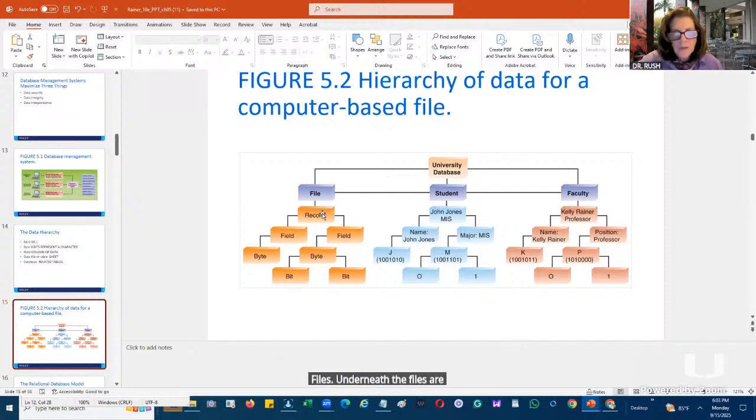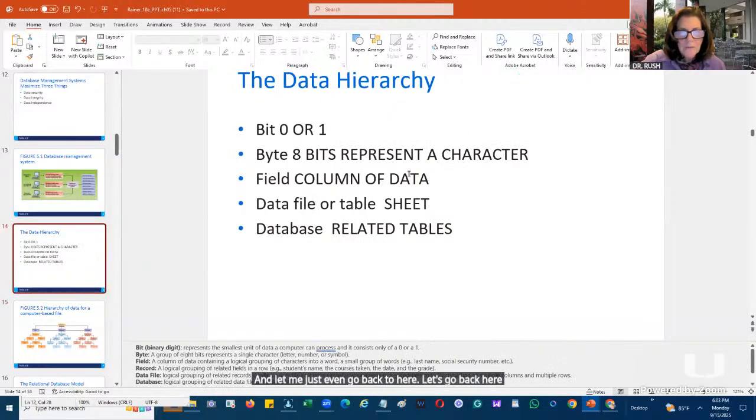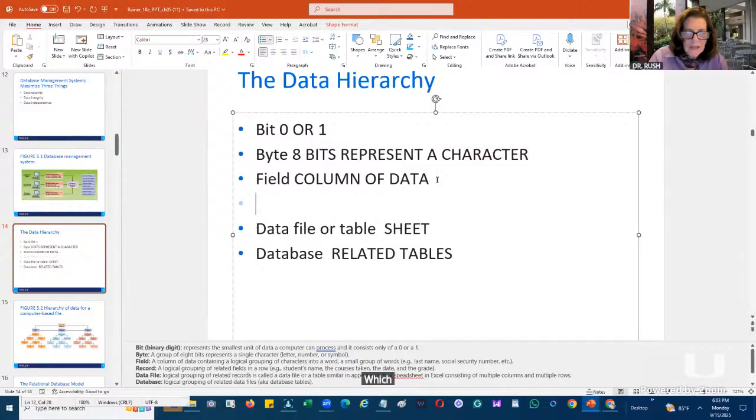Put in your notes then, and let me just go back to here, which they forgot, a record is like a row. It is related fields.